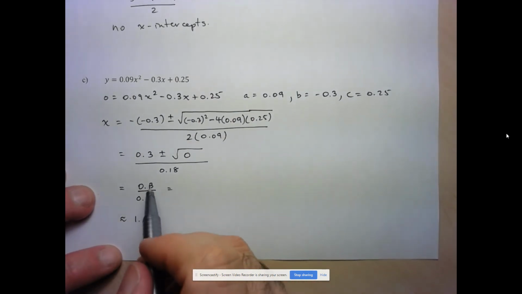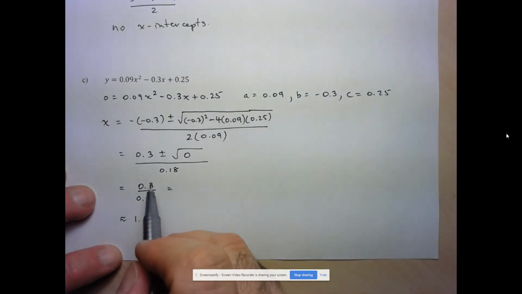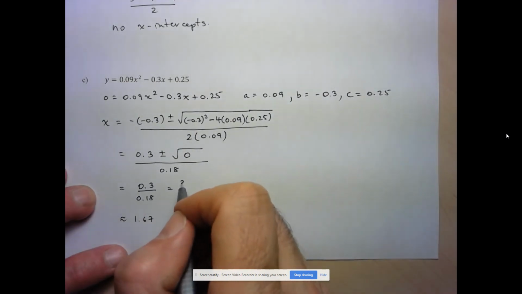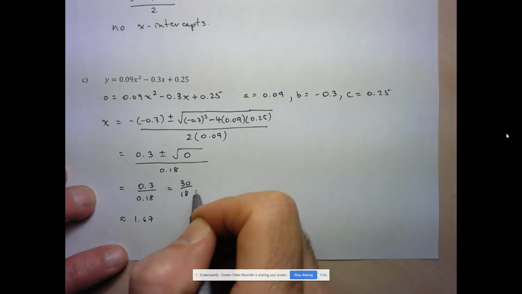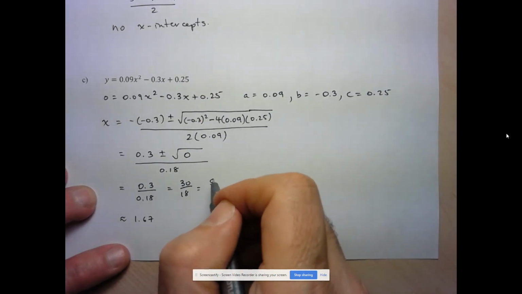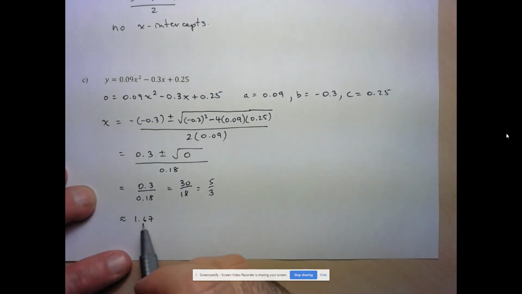In order to get rid of the decimal here, I'd have to bring that over twice. So I'd be multiplying numerator and denominator by 100. That would give me 30 over 18. And these are both divisible by 6. So this is just going to be 5 over 3. And 5 over 3 is 1 2/3. Yeah, that's the approximation for it.